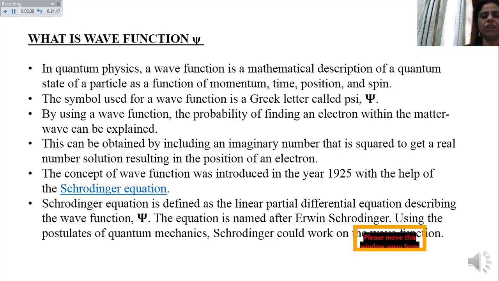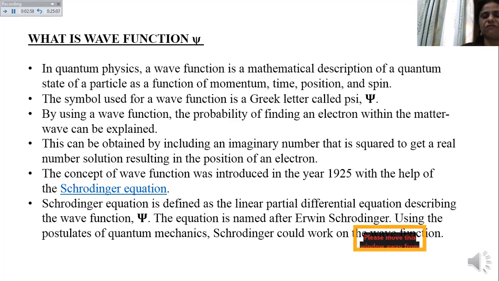The concept of wave function was introduced in the year 1925 with the help of the Schrödinger equation. When the Schrödinger equation came, it brought the concept of wave function, which describes the wave nature of the particle or the electron.